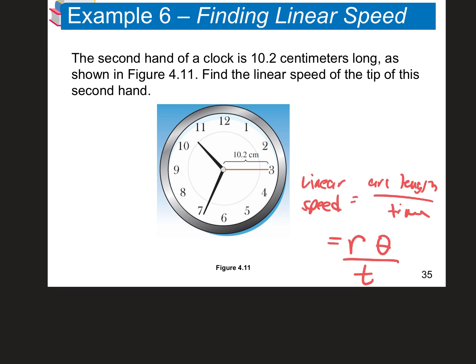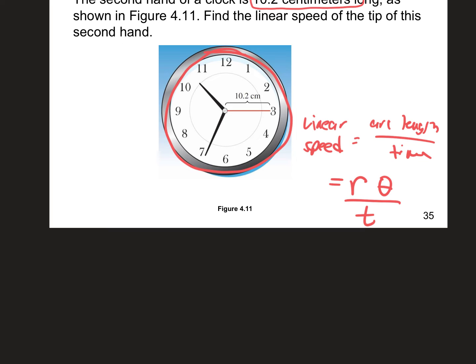So if you look at this clock, everybody see this nice round clock? We're going to talk about time periods here. What we do know is that the second hand of the clock is 10.2 centimeters long. What value are they giving you there? The R, the theta, or the T? From here to here it's the R, the radius.